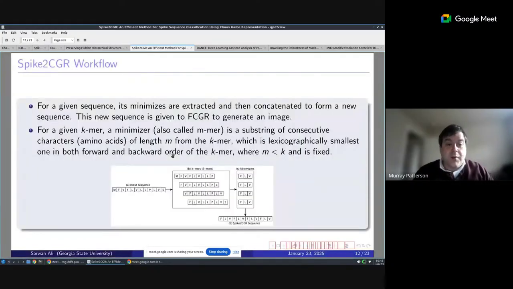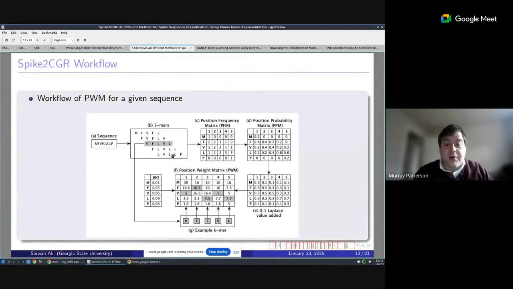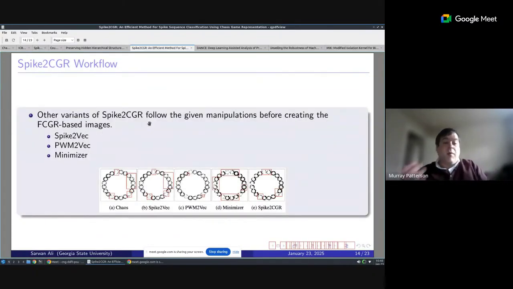This was another separate paper using position weight matrices to build a representation. Basically, we were using all of these different feature engineering embeddings to build images, right?